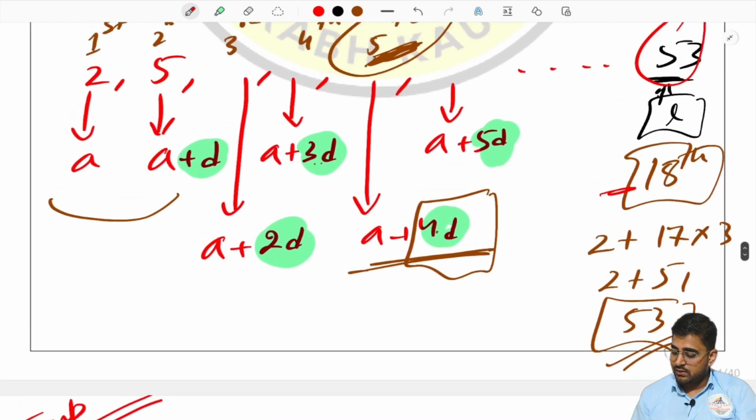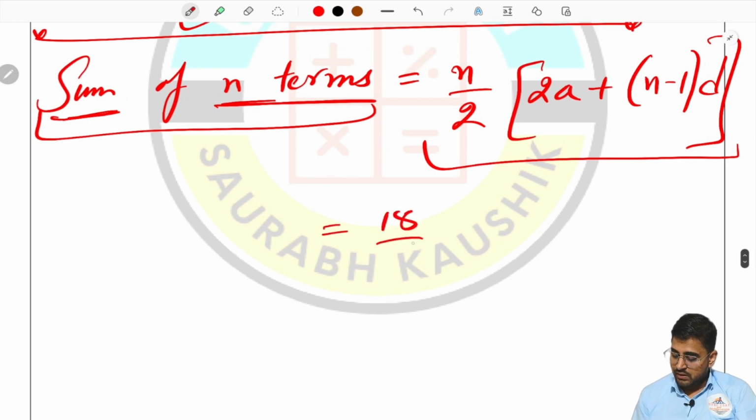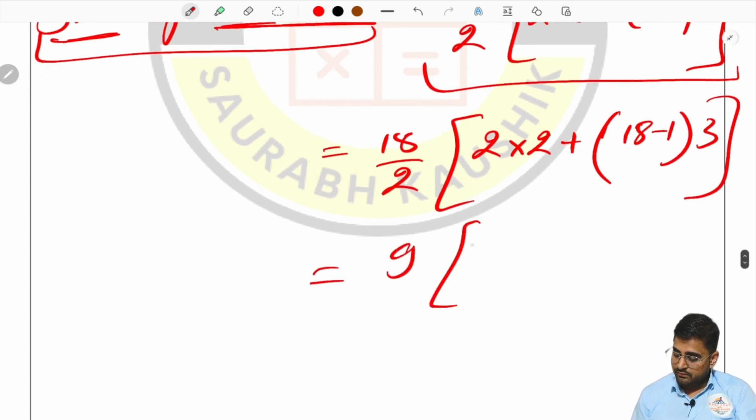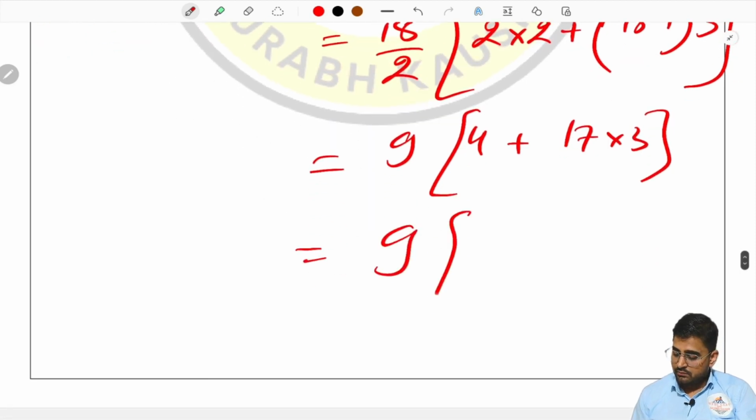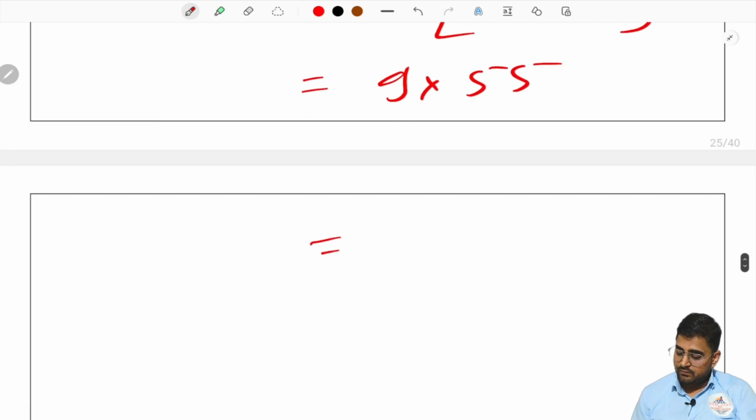So we know that there are 18 terms, 18 by 2. The first term is 2 itself, so 2 into 2, plus n is 18, so 18 minus 1, and d is 3. So it becomes 9 into 4 plus 17 into 3, 9 into 4 plus 51, 9 into 55, and it becomes 495.